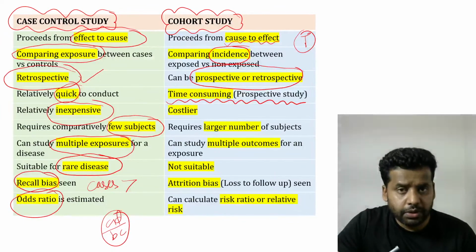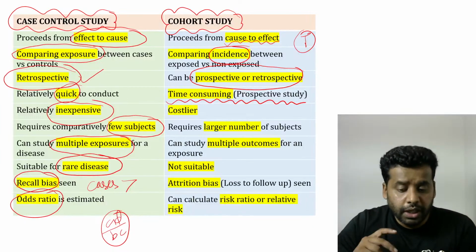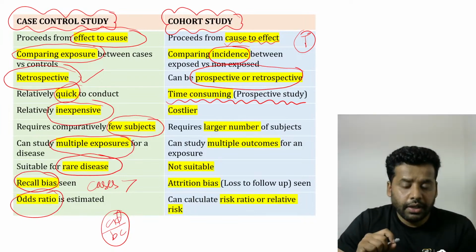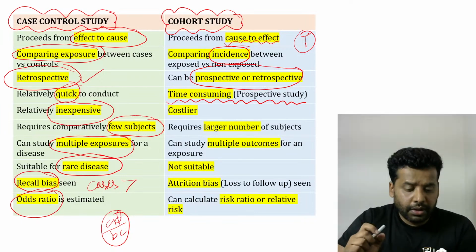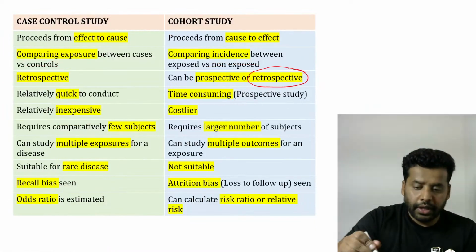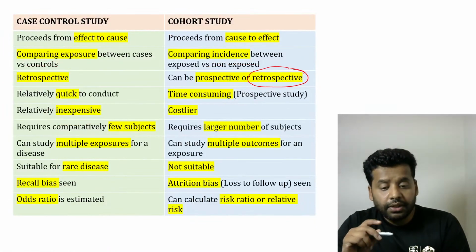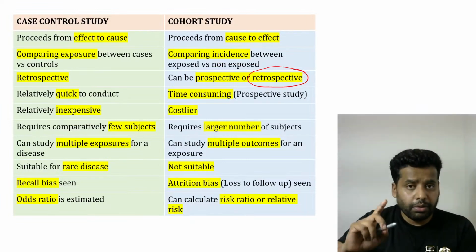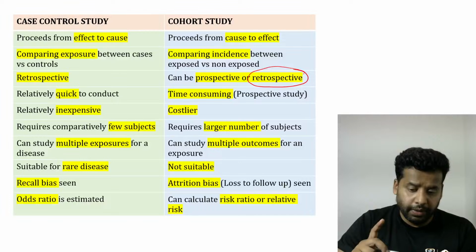Outcome in exposed group, outcome in non-exposed group. It will take some time. Retrospective cohort study uses existing records. You can save time and cost. Cohort studies can be done either in a prospective way or a retrospective way.